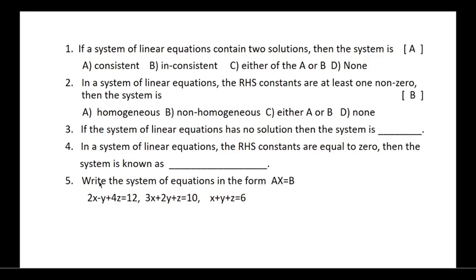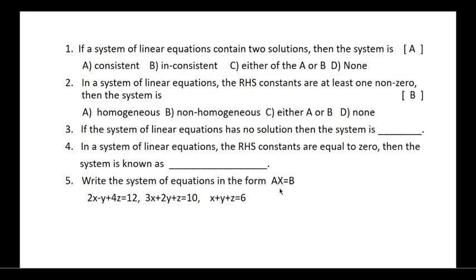X, Y, Z is a column matrix. How many rows are there? X 1 row, Y 1 row, Z 1 row, so 3 rows are there.